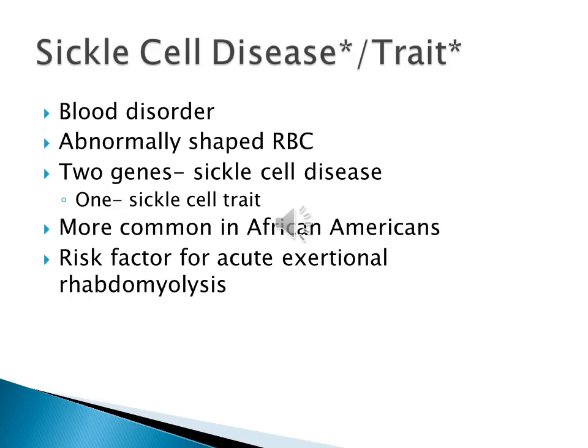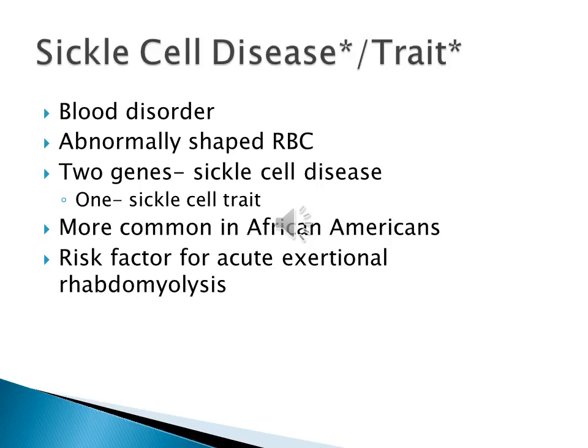It is a condition more common in the African American population, and one of the major risk factors associated with this condition is exertional rhabdomyolysis. Rhabdomyolysis is a catabolic destruction of muscle tissue. Catabolic means breaking down.